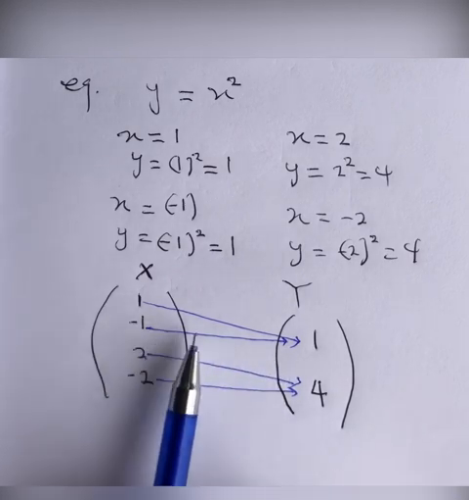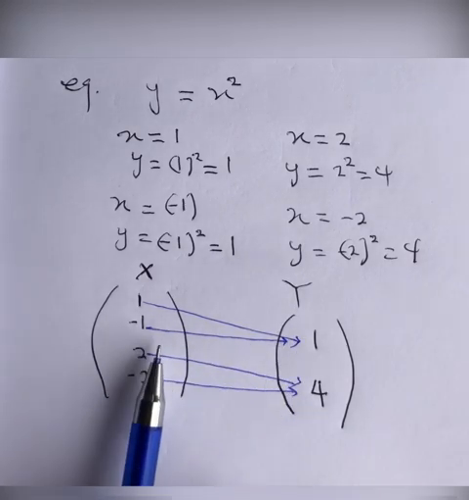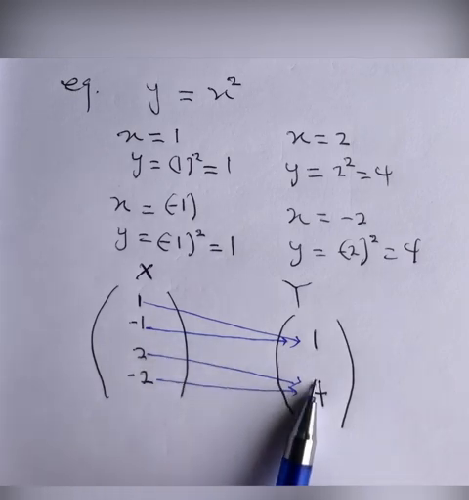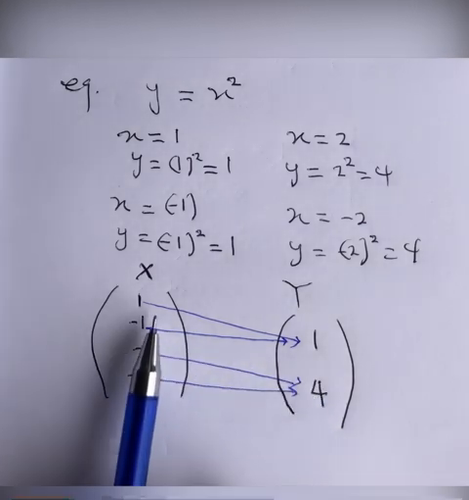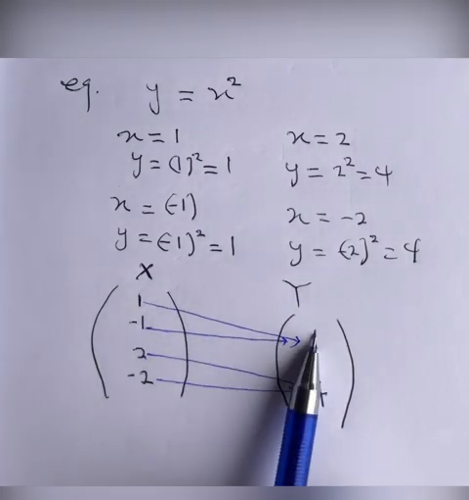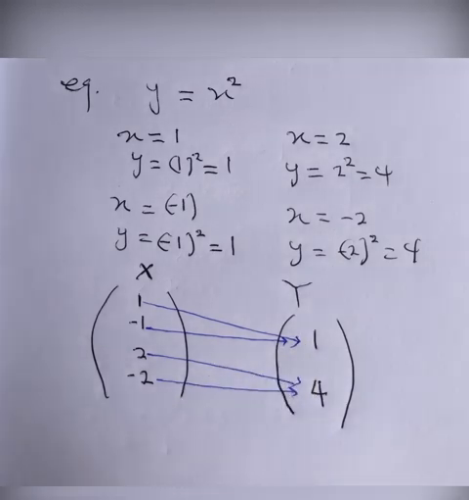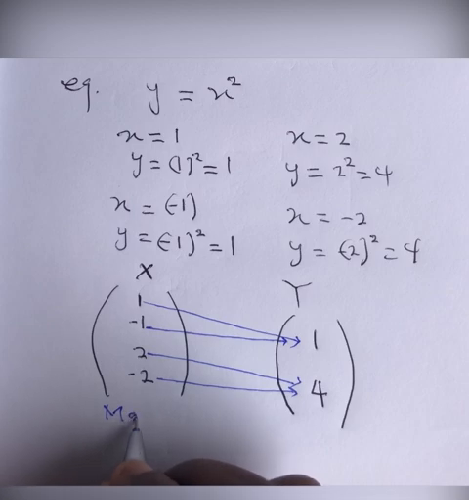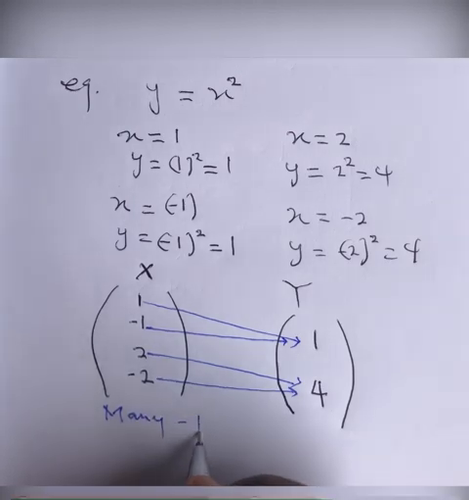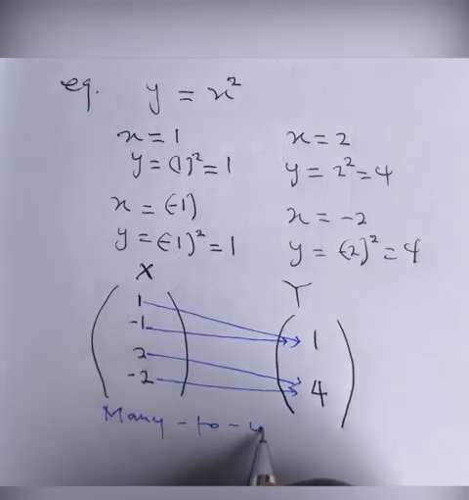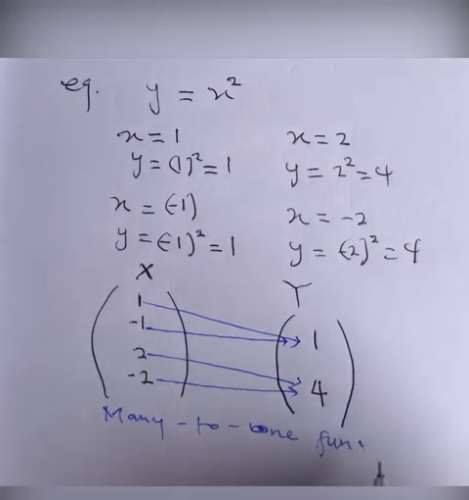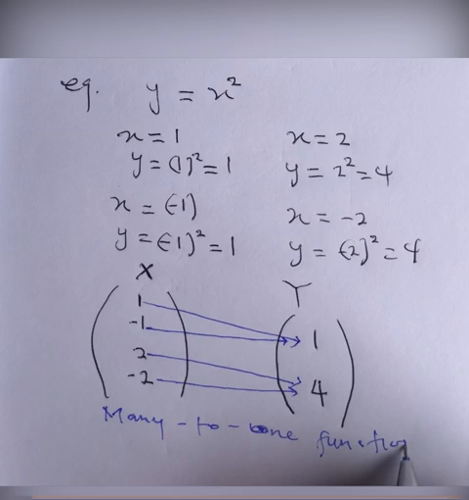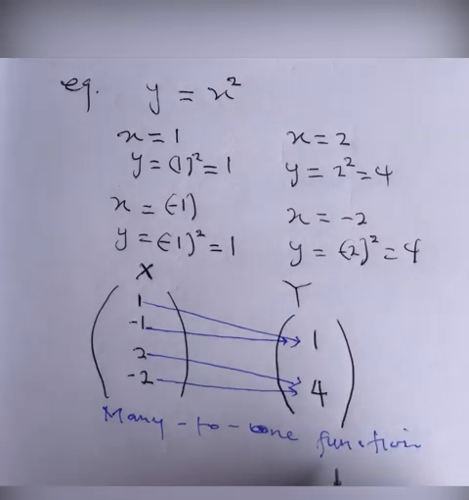So each of them is mapping onto only one. And this is called many to one function. Thank you very much.